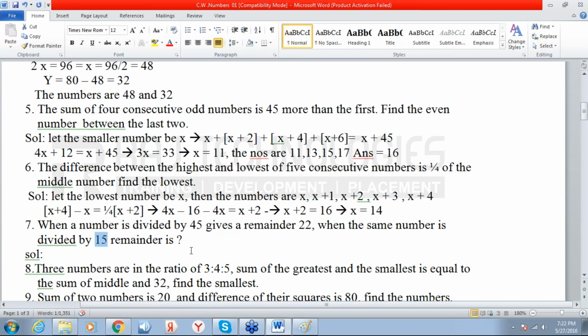We should check whether this is divisible. We assume 45 as D1 and 15 as D2. D1 must be divisible by D2. D2 must be a factor of D1. Here, D1 is equal to 45 and D2 is 15.